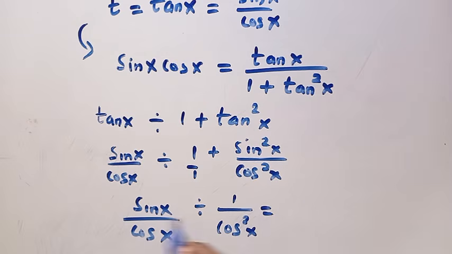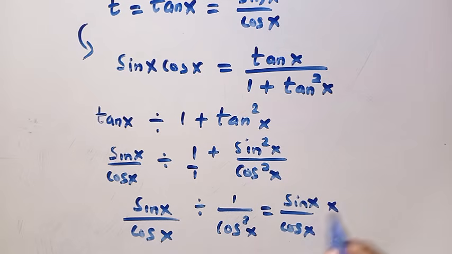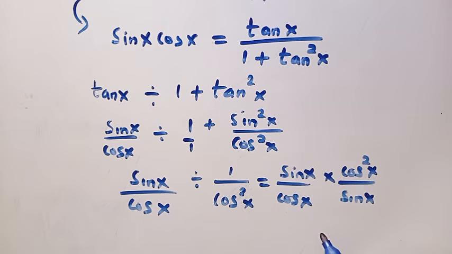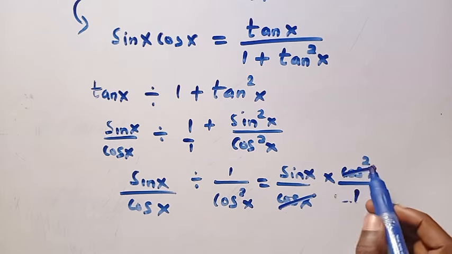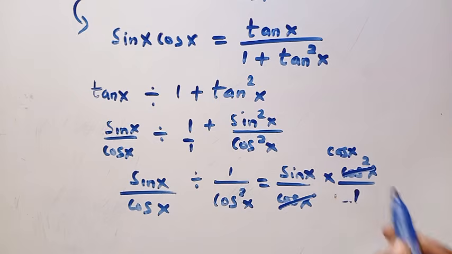So this is sine x over cos x multiplied by cos squared x over 1. The cos x cancels, so here remains cos x.